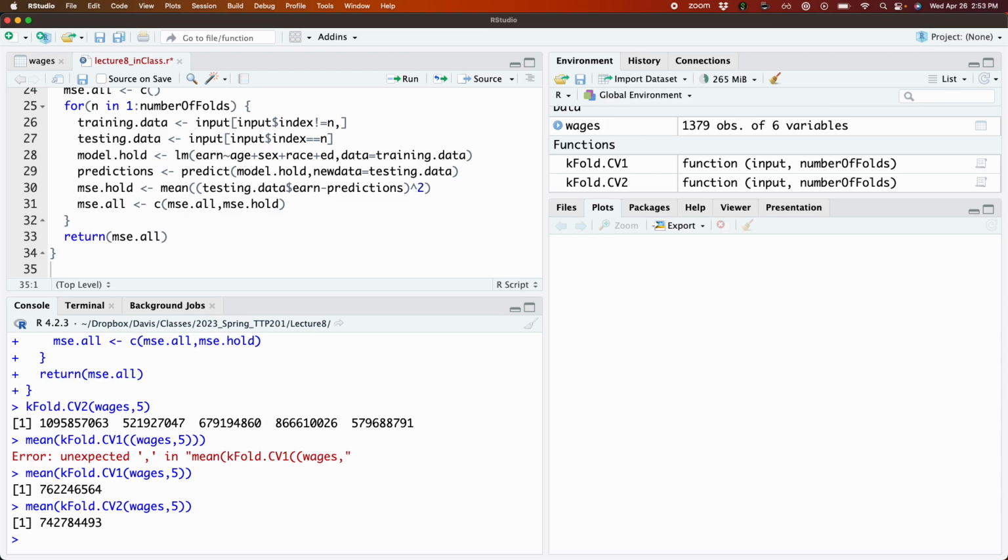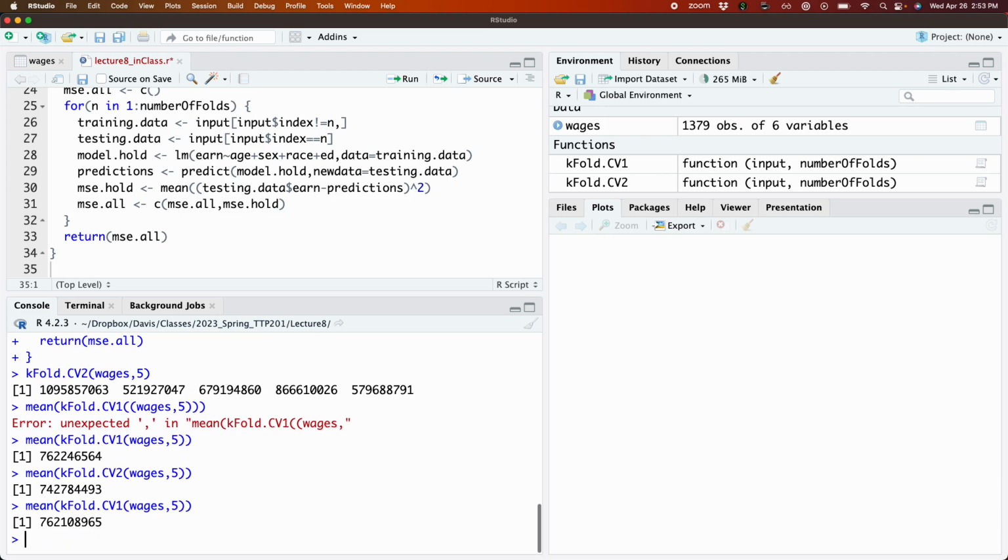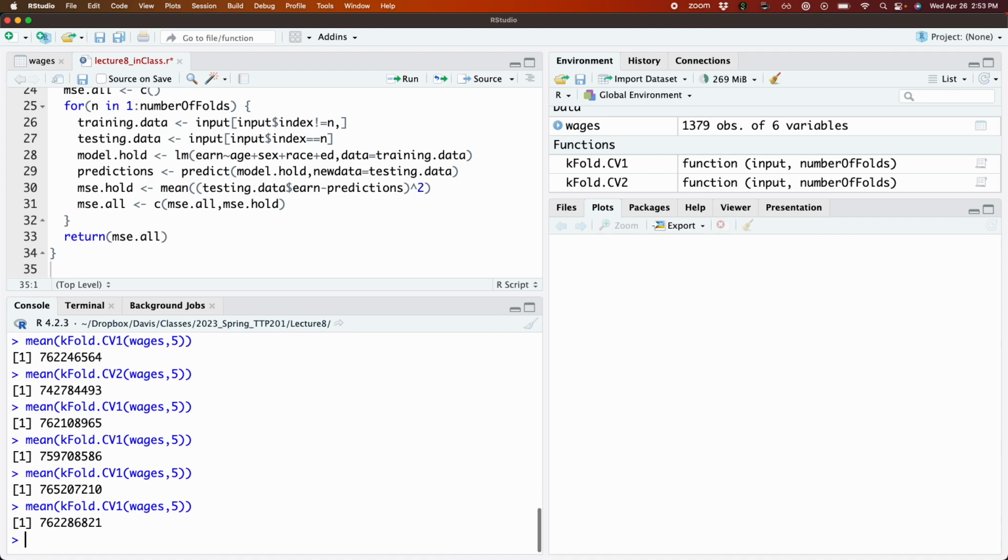One of the things we were mentioning earlier is the variation that comes with sampling. You could always run this a couple times and see how much that value changes. And it's not changing that much.